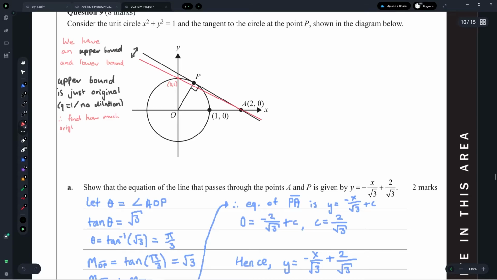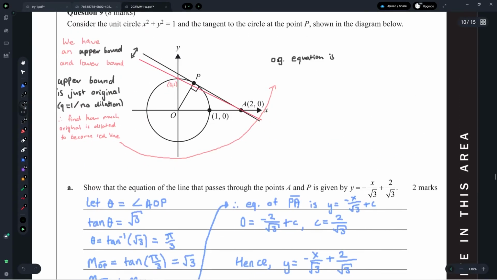And we know that q equals 0 is just going to be a line that goes through the origin from A. So that's obviously not right. So that means q is greater than 0, but less than 1. Okay? So we need to find how we dilate the black line to reach the red line.